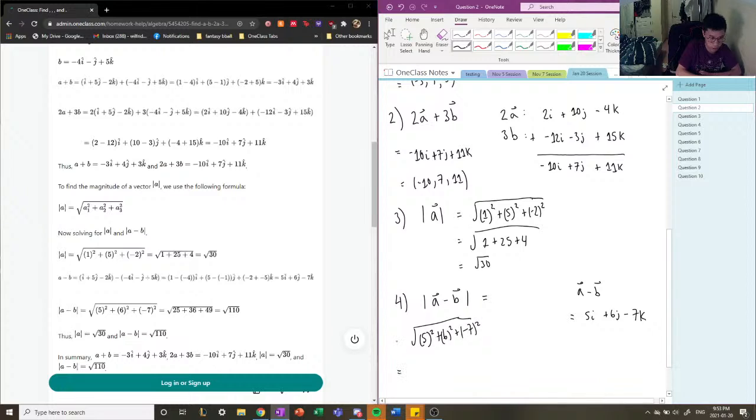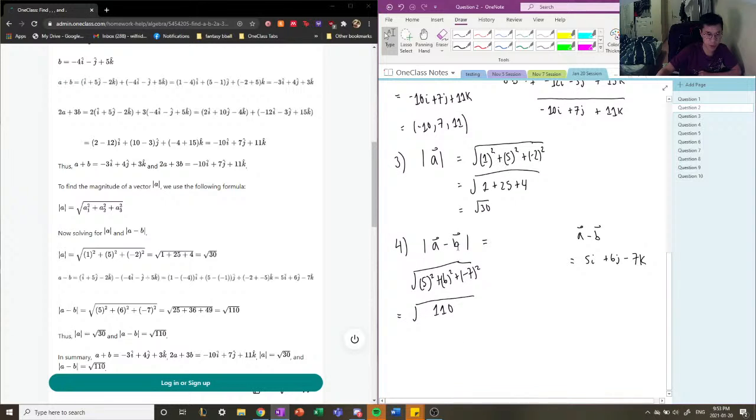That's equal to 25 plus 36 is 61, plus 49 is 110. So that means that the magnitude of vector A minus vector B is root 110.